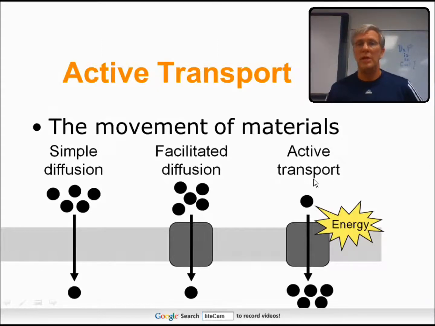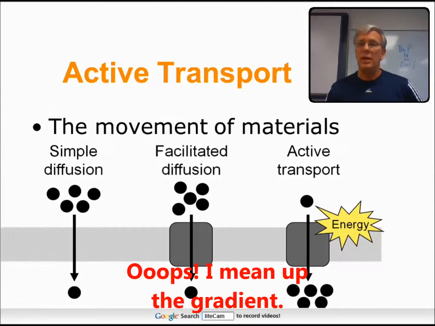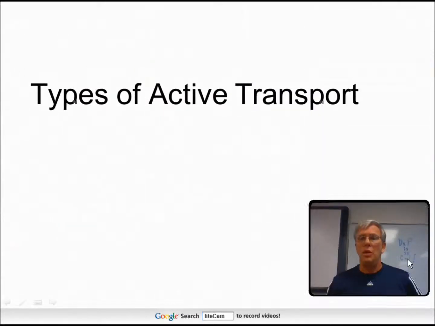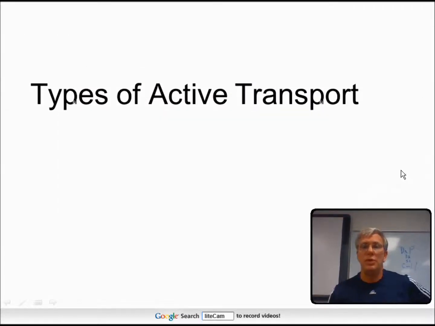Again, today we're going to be looking at active transport. We're going to see that there are protein molecules within the membrane that allow this to happen, but the molecules are moving up the gradient with the requirement of energy on the cell. All right, so what are the types of active transport that we're going to be looking at today?